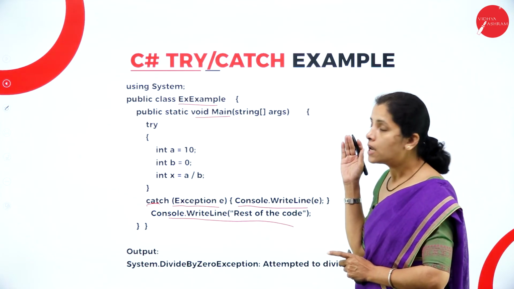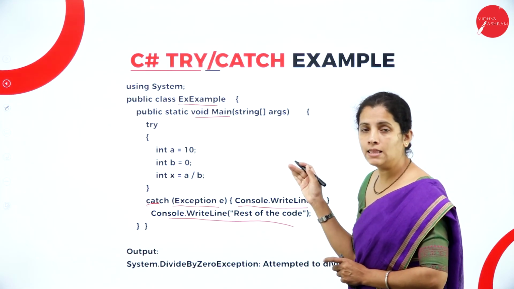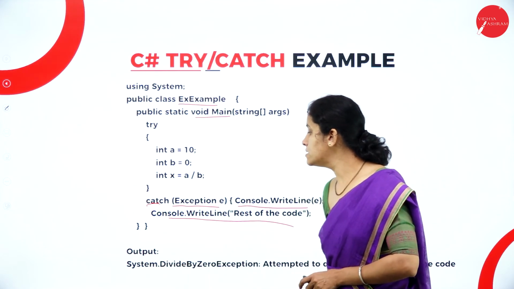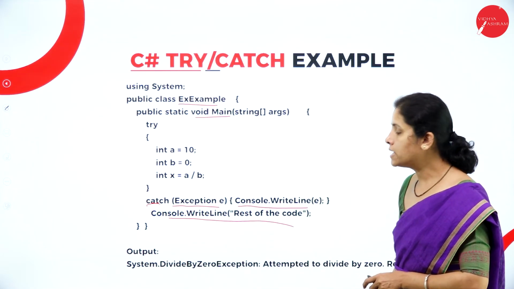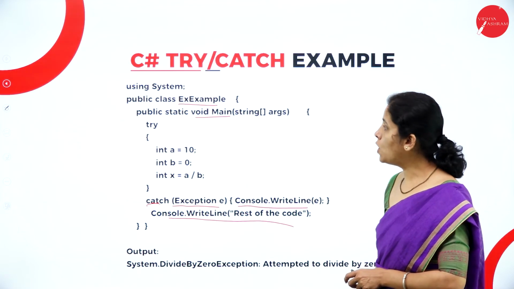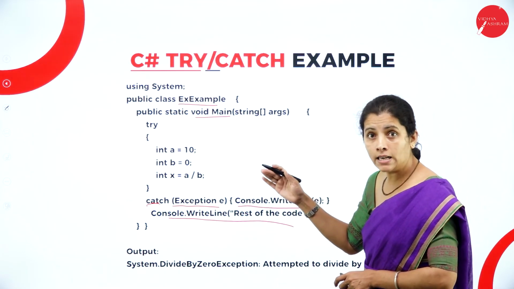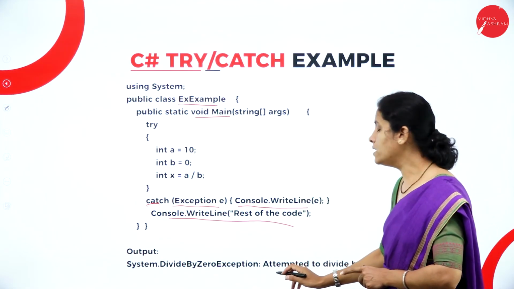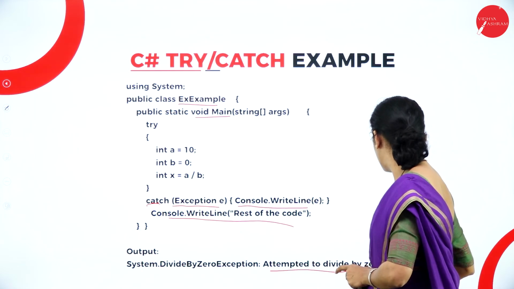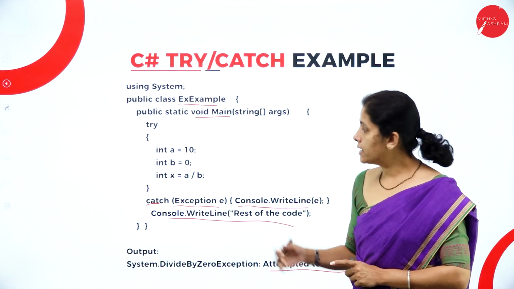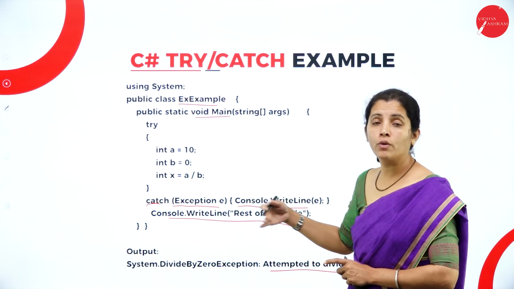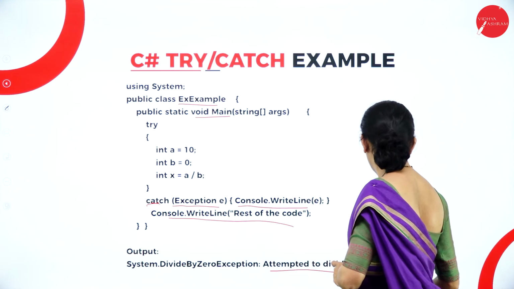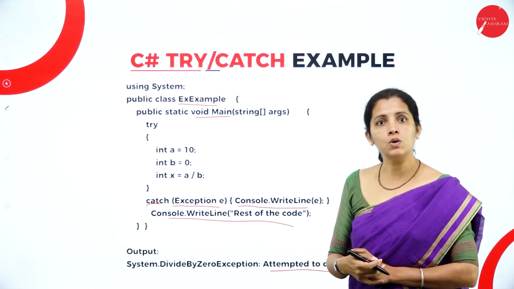Now, when I compile and run this program, I'm going to get the output System.DivideByZeroException, because this error is handled by using try and catch block, and attempted to divide by zero. So we are attempting to divide a number by 0, and I'm going to get the output rest of the code.